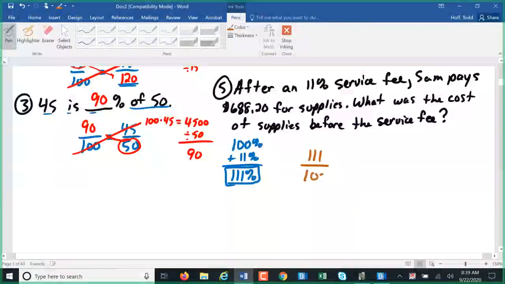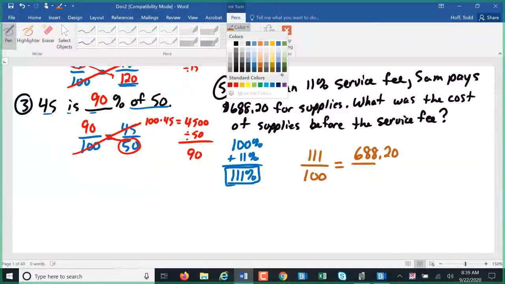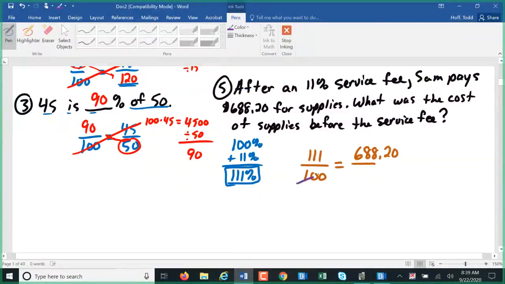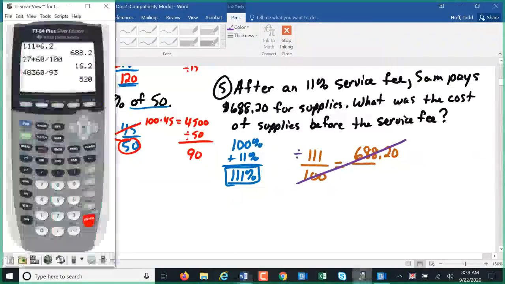So we're dealing with 111%, or 111 out of 100. The $688.20 is the cost after that fee. So that's the 111%. So again, we're going to cross multiply. We'll multiply the two numbers that are diagonal, and we'll divide by the number that's diagonal to our missing number.